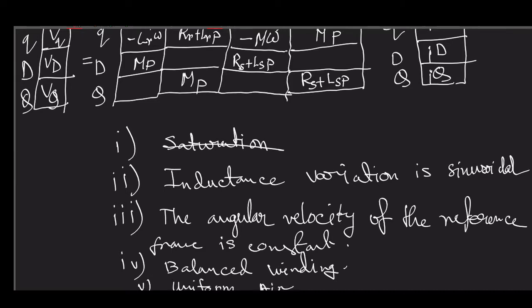So if we do not take care of these assumptions, we will not get our desired result. In my next video, I will show how saliency can be represented using this primitive machine, and in the next video we will do more on this transformation and rotating reference frames.